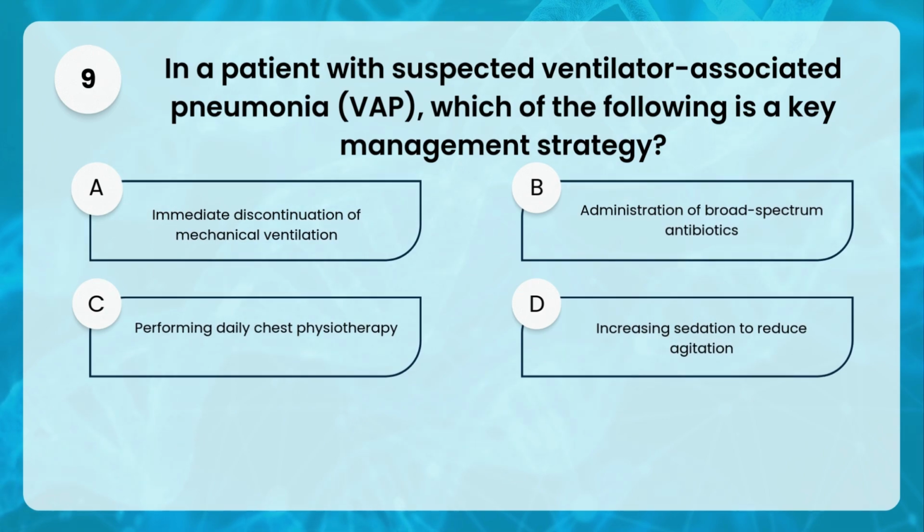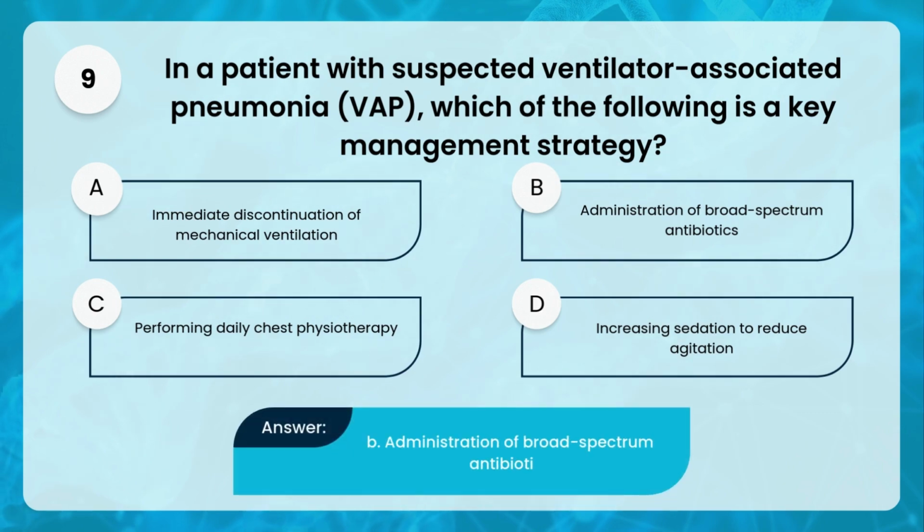A. Immediate discontinuation of mechanical ventilation. B. Administration of broad-spectrum antibiotics. C. Performing daily chest physiotherapy. Or D. Increasing sedation to reduce agitation. The answer is B, administration of broad-spectrum antibiotics.